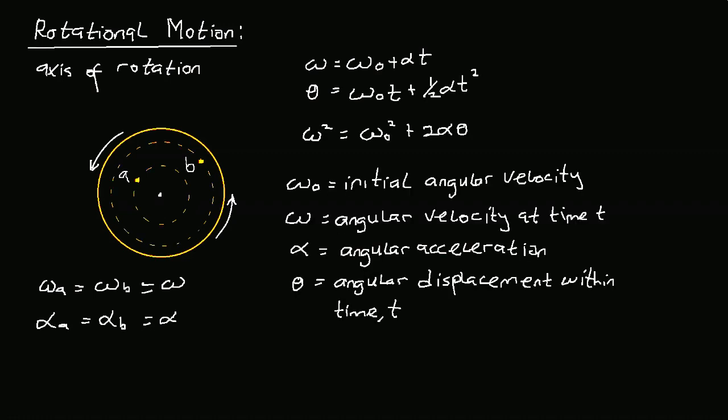Omega naught is the initial angular velocity of the rotating body. Omega is its angular velocity at time t, alpha is its angular acceleration, and theta is its angular displacement within time t. And these equations are analogous to the equations of motion for translational motion under constant acceleration.